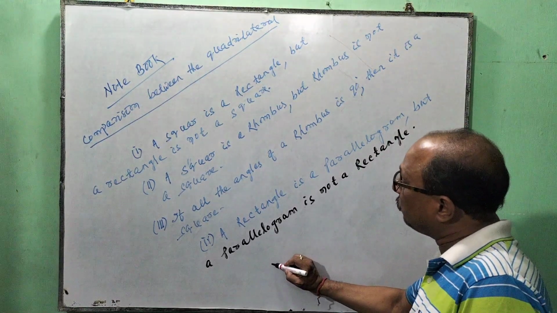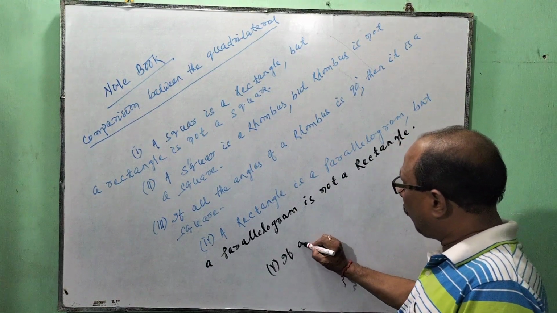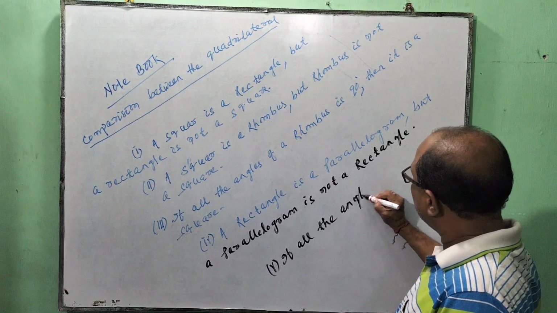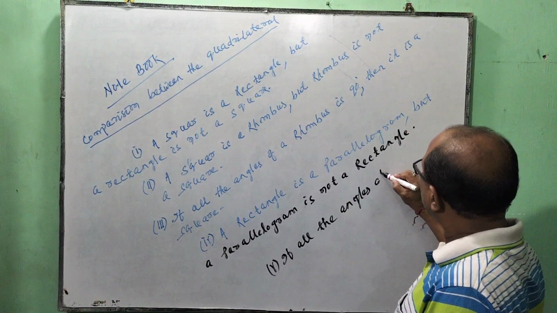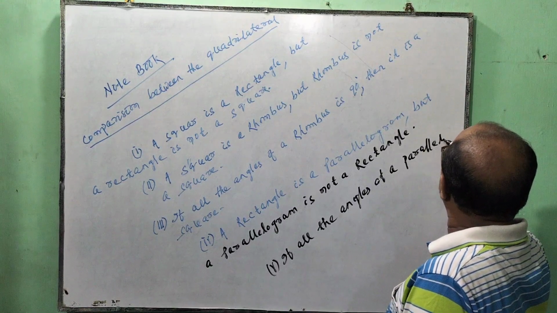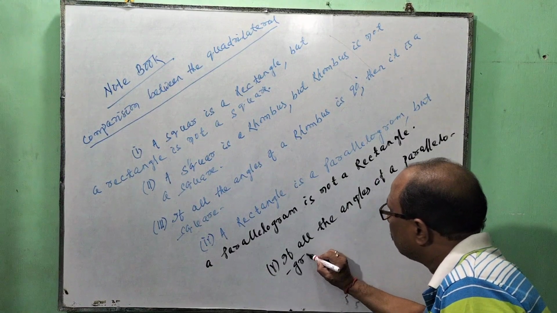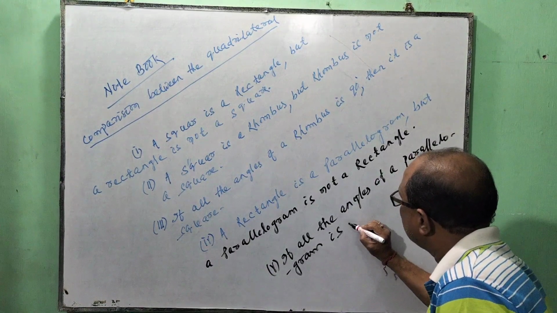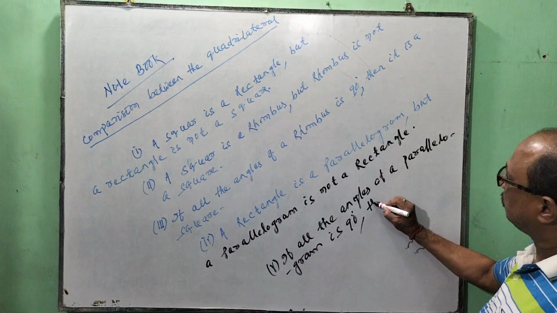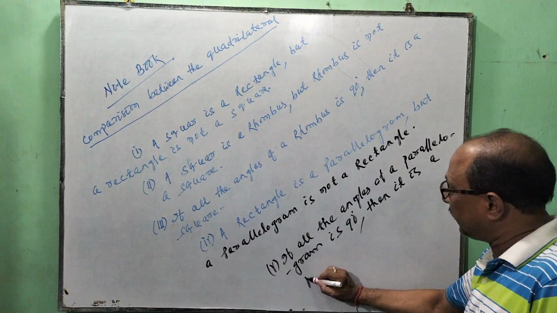If all the angles of a parallelogram are 90 degree, then it is a rectangle.